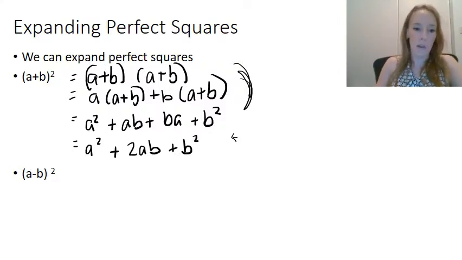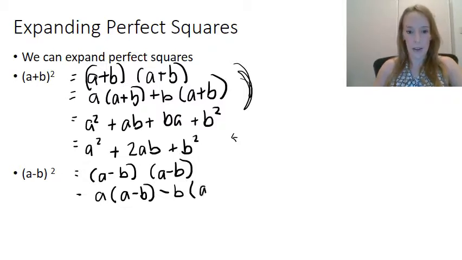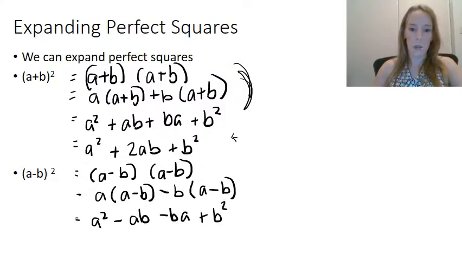So we've got another one here. We've got (a take b) squared. This time we're doing subtraction. So again, if we write it out properly, that's the same as (a take b), (a take b). And then it's just a binomial expansion which we can do. A take b, plus a negative is the same as take b, (a take b), leaving it with a squared, take ab, take ba, plus b squared.